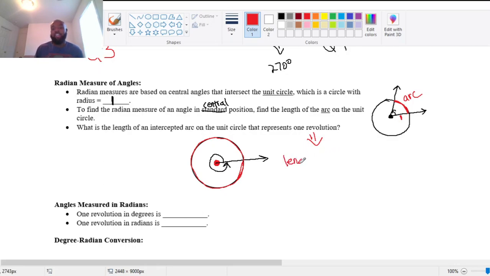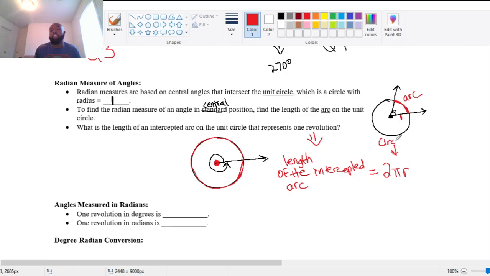So the length of the intercepted arc equals the distance basically around that full circle, right? Because one revolution represents a full circle, and the distance around a complete circle is the circumference of the circle, right?